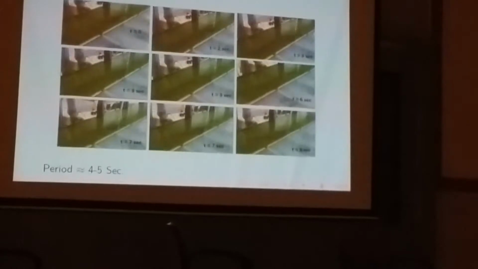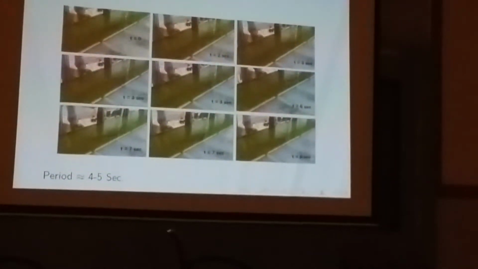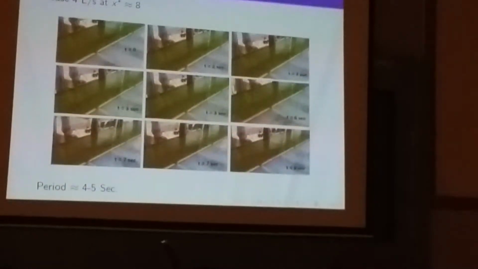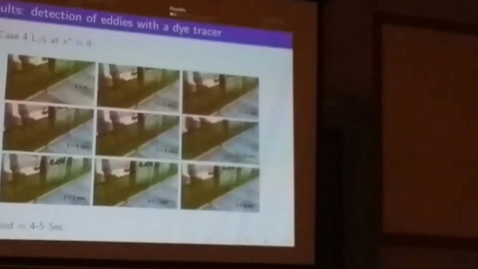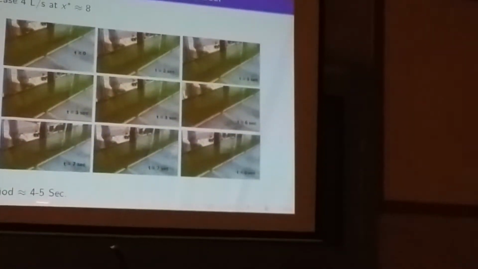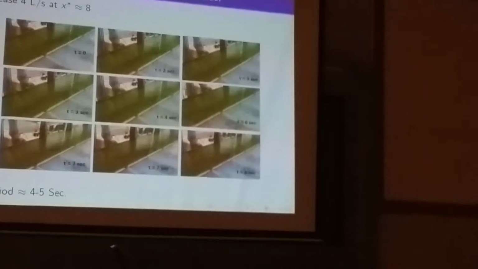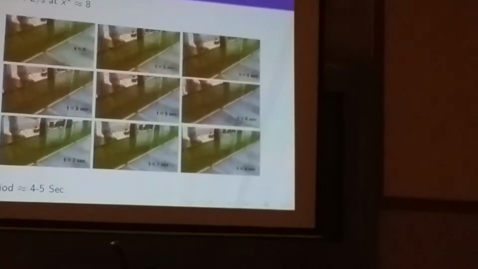This is a difference of velocity between the wind and the sea. The difference in velocity between the wind and the sea generates waves, and a wave is a Kelvin-Helmholtz instability. So we can measure the period of this instability, and in this case it was around 4 or 5 seconds.